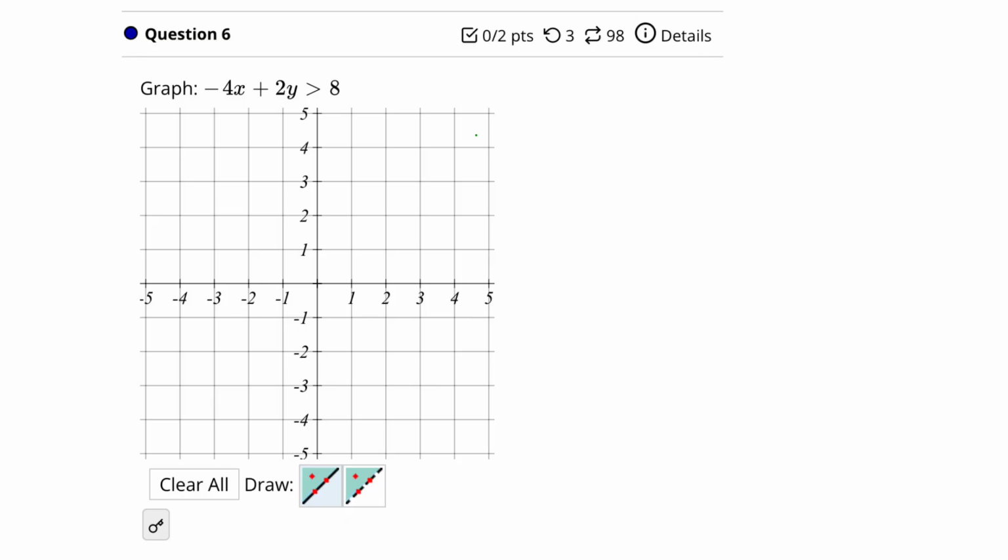And this one is incredibly similar to the last one, so I'm going to go a little faster here. First of all, we're going to graph it as an equation. If you want to stop the video for a second and figure out what these values are going to be, go ahead and do that.